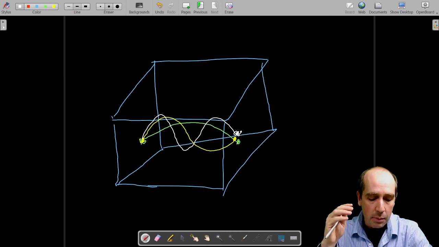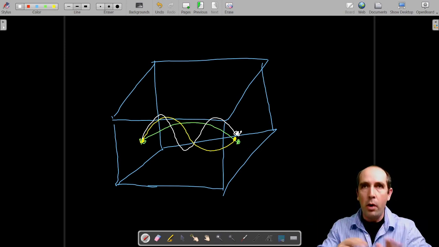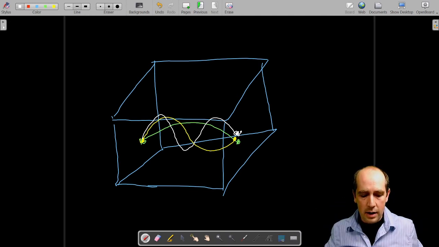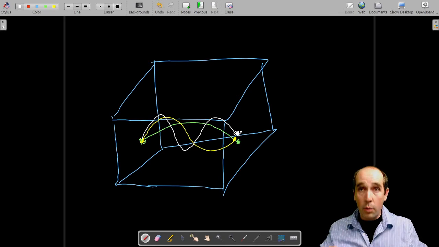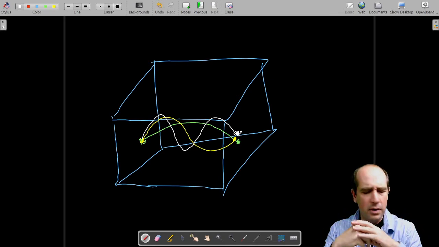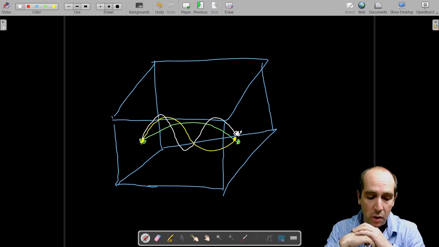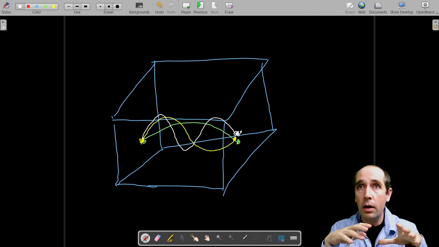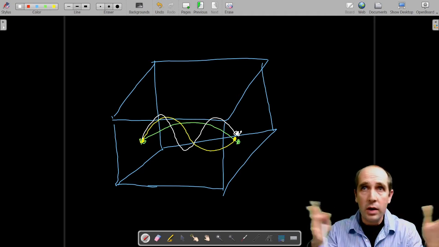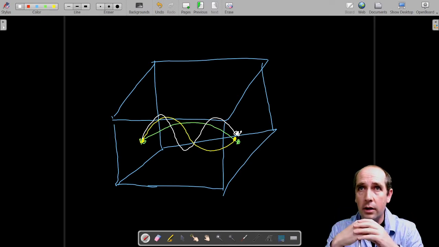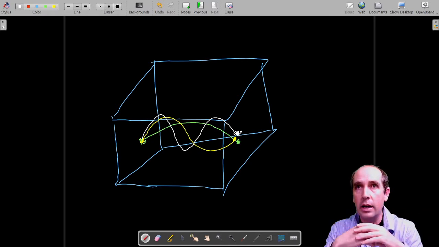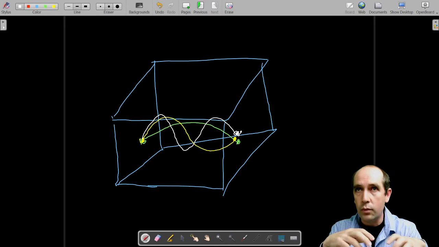Even if you send a pulse of electromagnetic radiation and close this box and then observe the modes that survive there, even assuming that the walls are perfectly reflecting and there's no losses in the box, only these wavelengths will survive, and the rest will eventually interfere with each other and completely destroy each other.